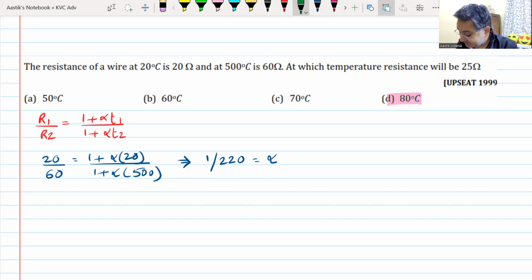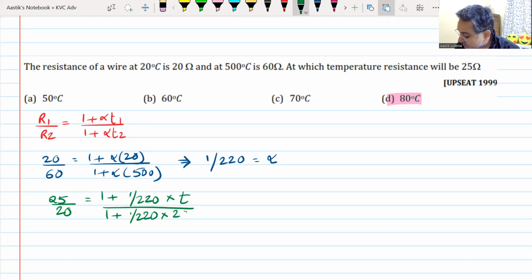We'll move ahead and write the second equation. Original at 20 degrees, the resistance. Oh, let me write it the reverse way out. That will be better. The resistance 25 divided by 20 can be written as 1 plus alpha, which is 1 by 220, multiplied by temperature T, divided by 1 plus alpha, which is 1 by 220, multiplied by 20.